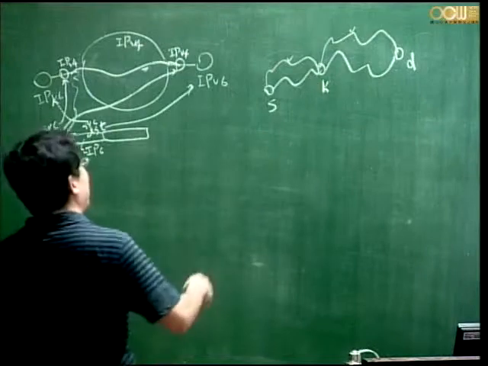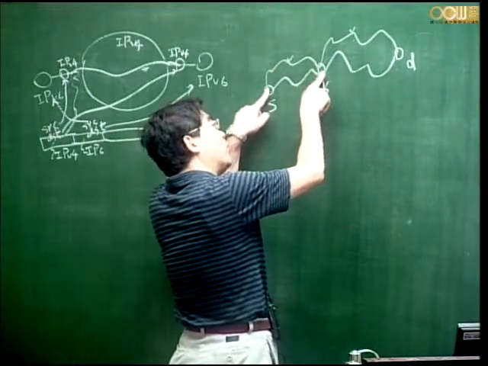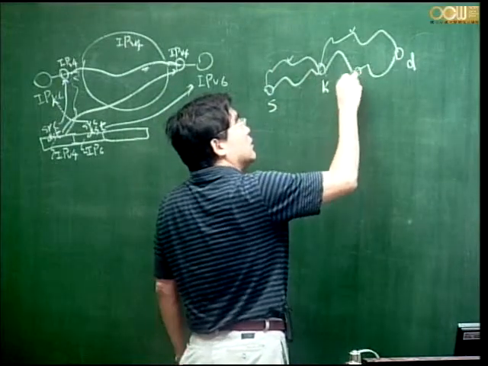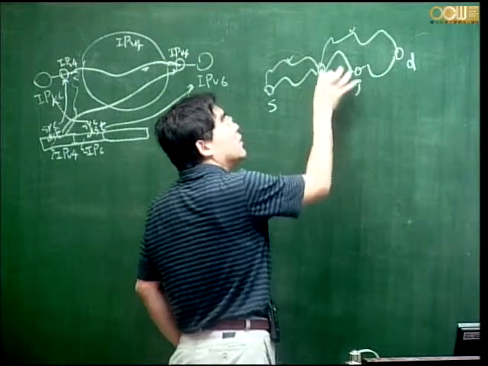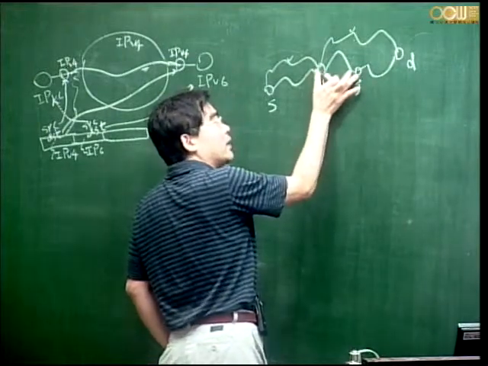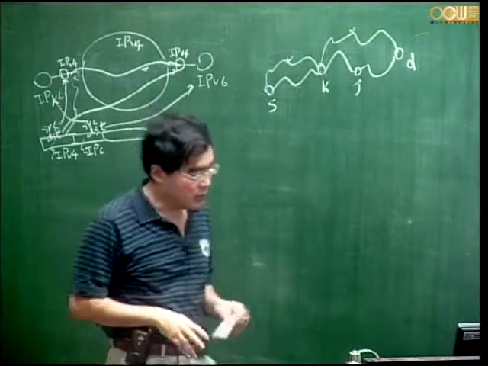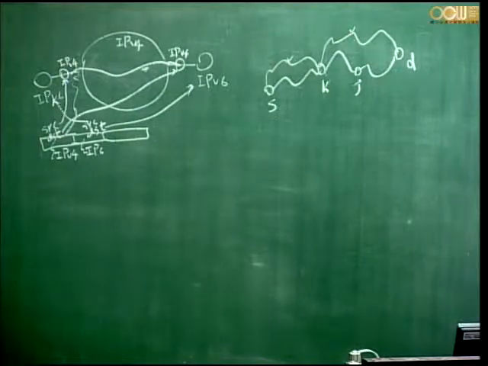So if this is an optimal path, then this is an optimal path from S to K, and this is an optimal path from S to D. And suppose this is J, and this will be an optimal path from K to J, and this will be an optimal path from J to D. So that is the property of this optimality.